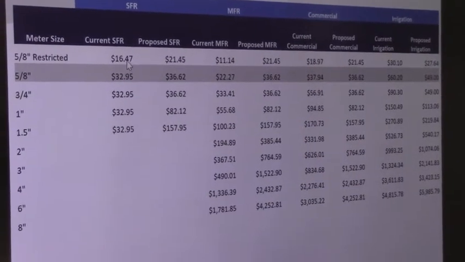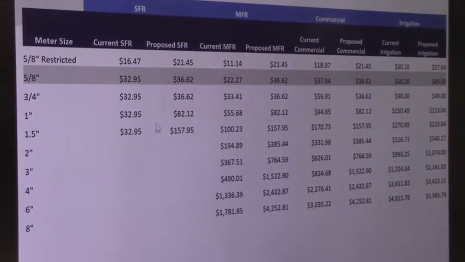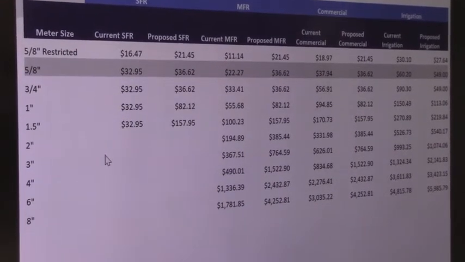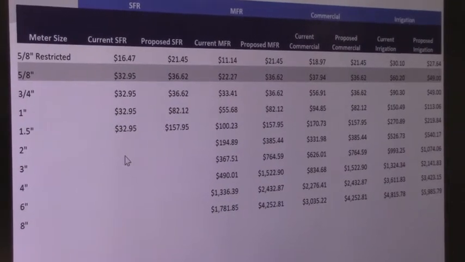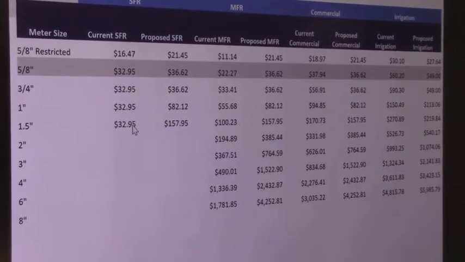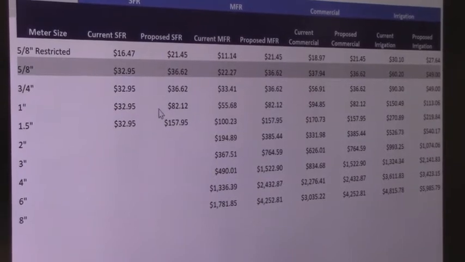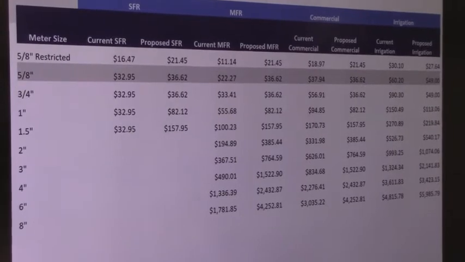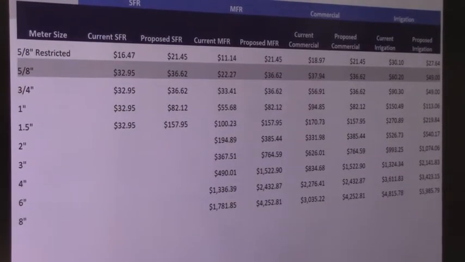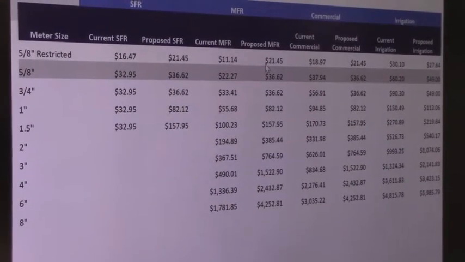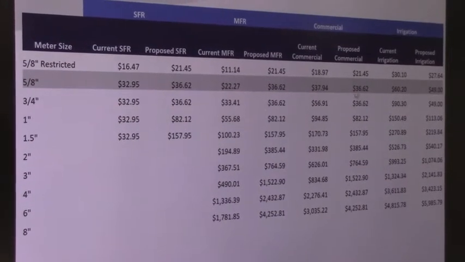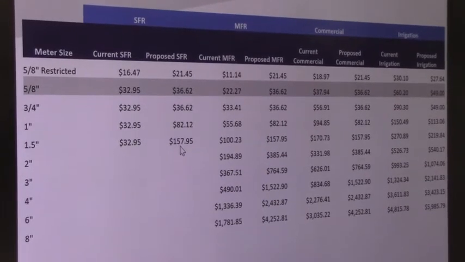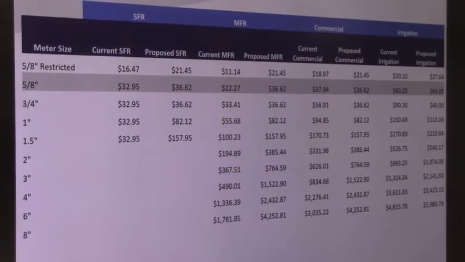We actually changed our single-family residential fixed service charge to be consistent from 5/8 inch to 3/4 inch to 1 inch. Sanjay and Kevin are recommending that if we're going to modify service charges based on meter size for other customer classes, then we need to do the same for single-family residential. That's part of that fairness and equity.